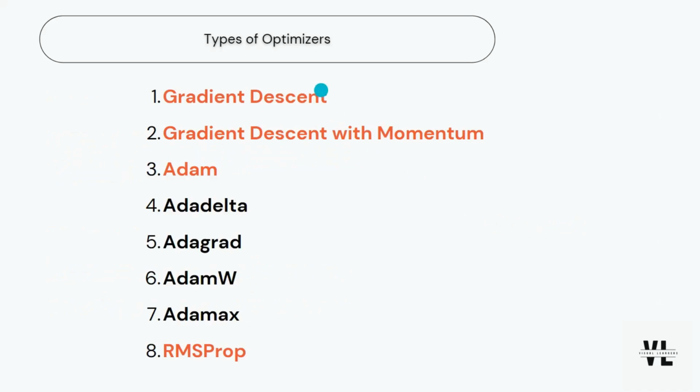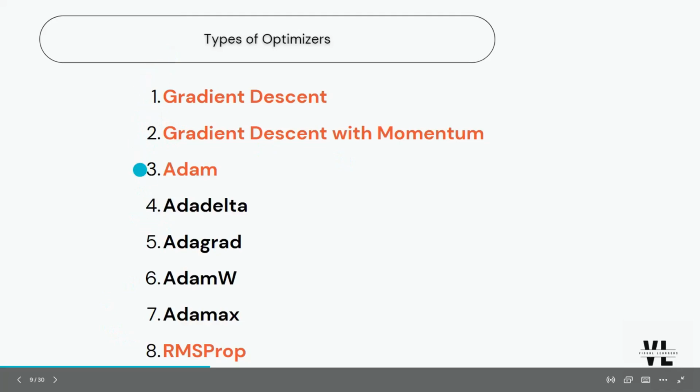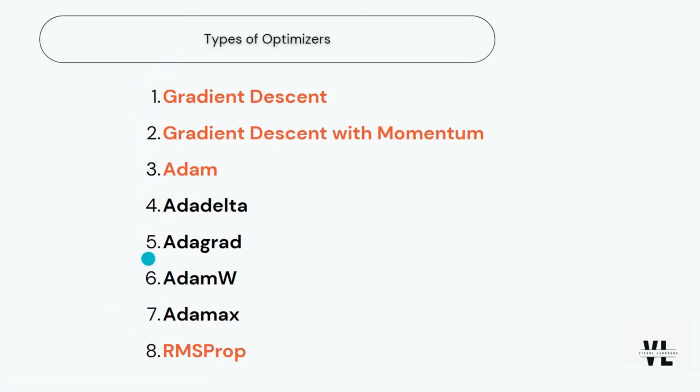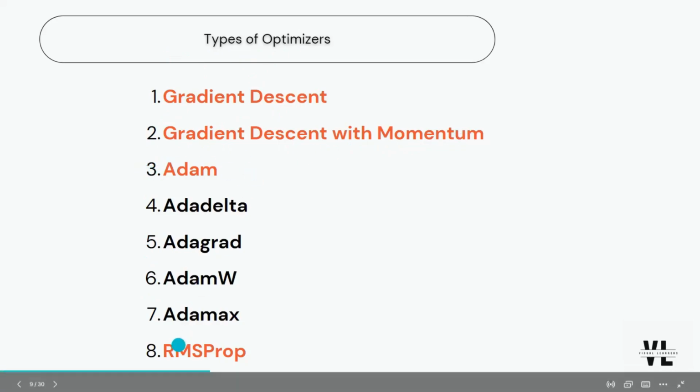There are many different kinds of optimizers used in PyTorch and other deep learning frameworks, but in this video we're going to focus on the four most important optimizers used in PyTorch, which are gradient descent, momentum, Adam, and RMSprop.